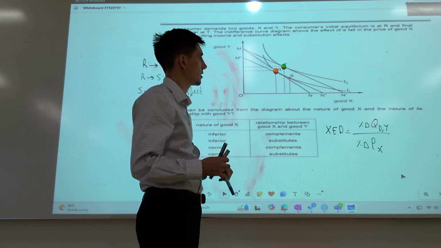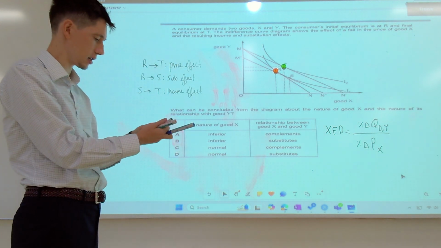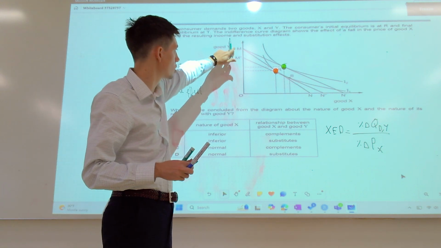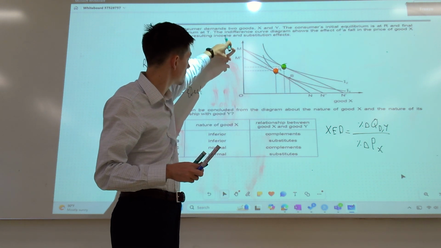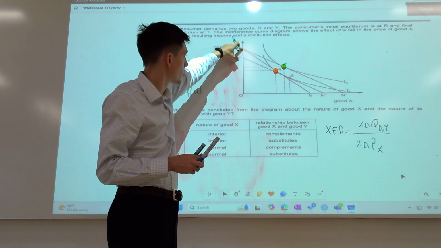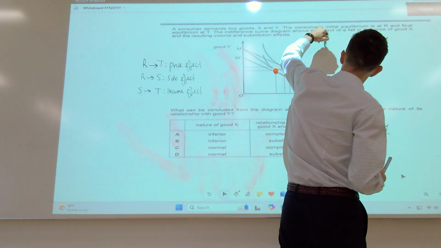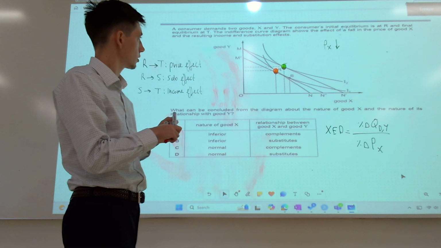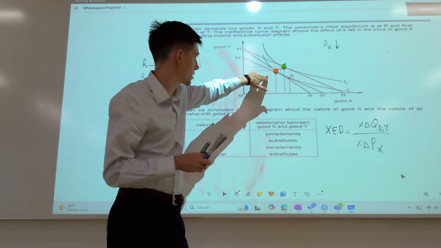So of course that means that the price of good X has fallen, so X has become cheaper, and we're assuming that your nominal income is unchanged and the price of Y is unchanged, reflected by the fact that this point M remains on both budget lines. Okay, so the price of X has fallen, and then the consumer's response is to move from R to T.